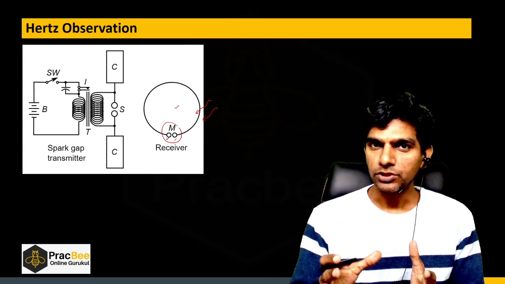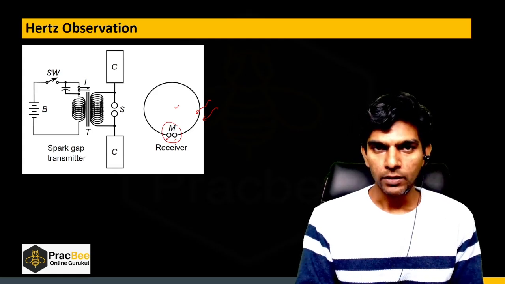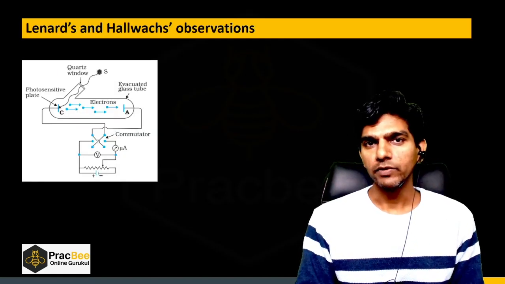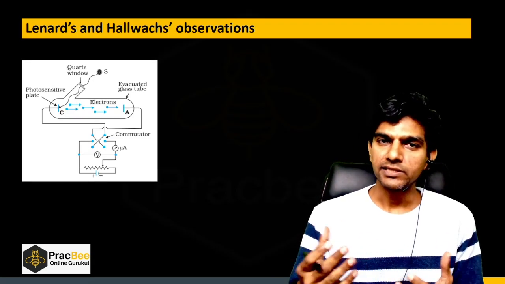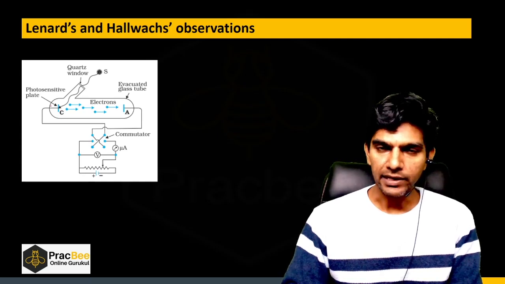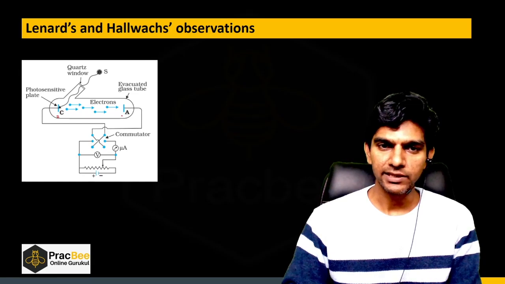Hertz published this observation in a research paper, and then based on this observation, Lenard and Hallwachs carried out some experiments. Now let us see what Lenard did. Lenard took a metallic plate, which is known as the emitter plate, and this is the collector plate.